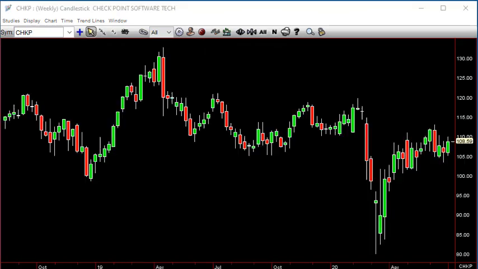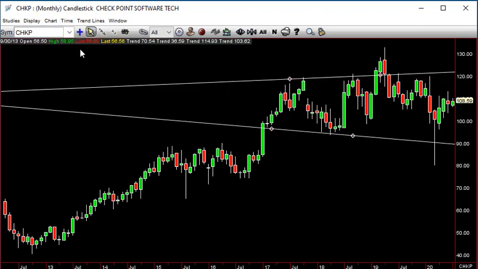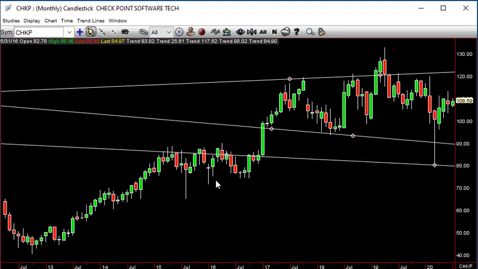Okay, checkpoint. Checkpoint does this. Monthly. Tighter range, expand, expand. And then back in the middle to get stuck. Like so.